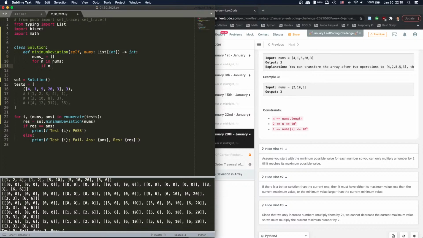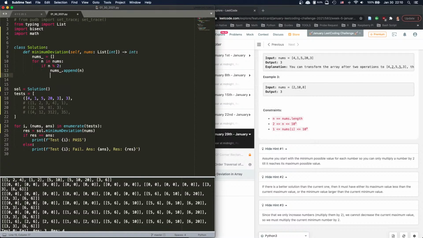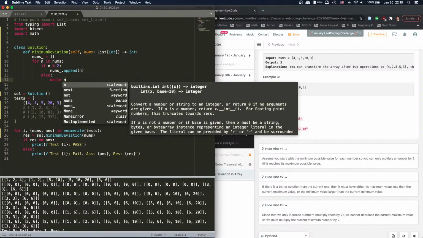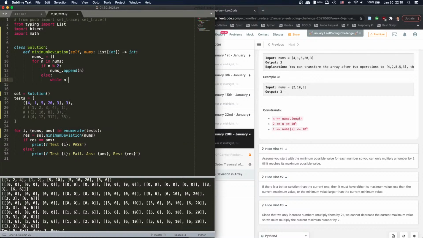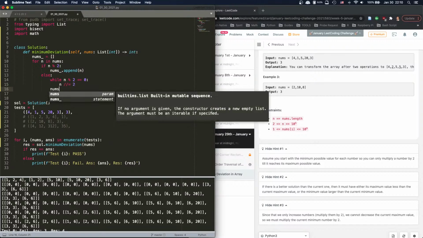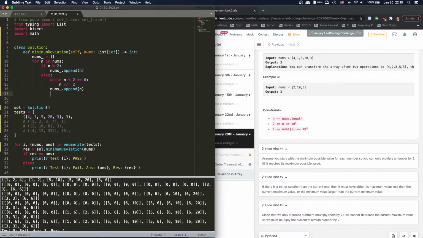If n is an even number, num 10, n, while, so that's the same. And then num 10, that's different.